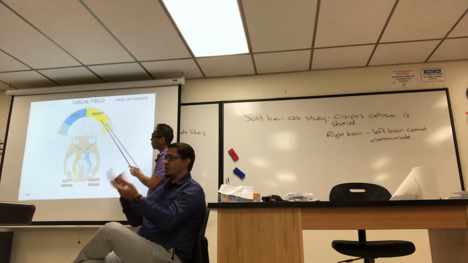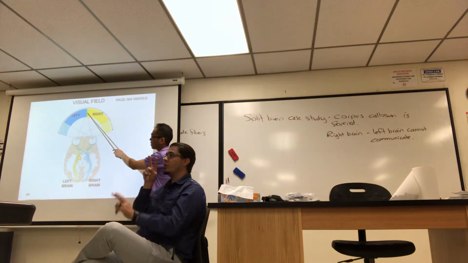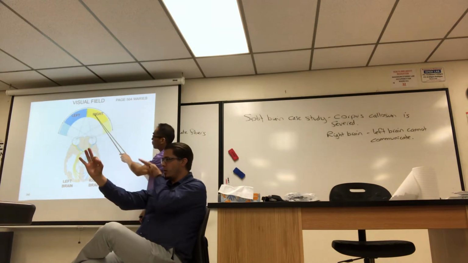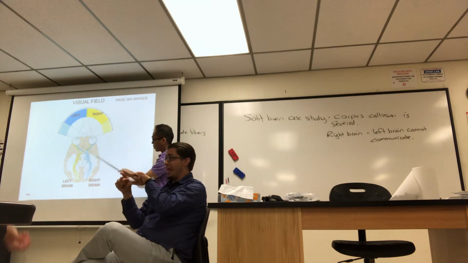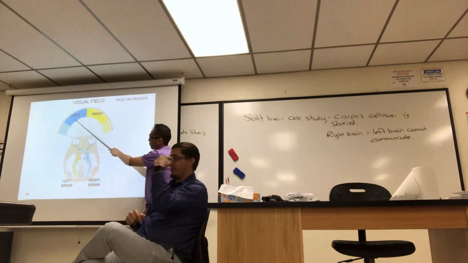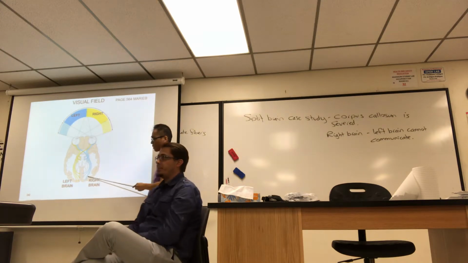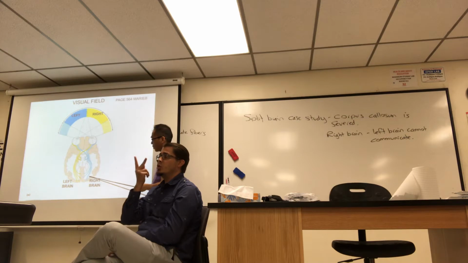All the information from the right visual field, if you were to gaze at a point and fixate on it, will go to the left brain and vice versa. All the information from the left visual field will go to the right brain. So you see the left visual field with your right brain and vice versa.